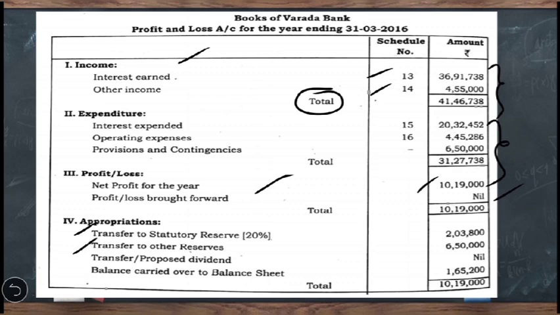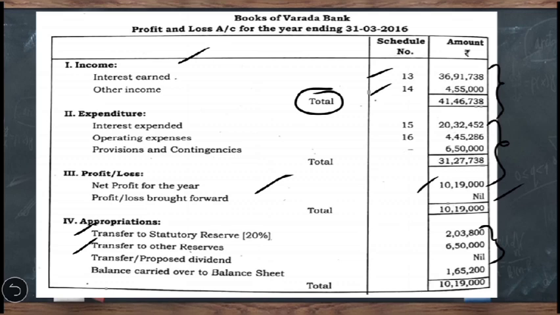Then transfer to other reserve. In this case, they have asked us to transfer to the general reserve amounting to 6,50,000. Okay. Then transfer or proposed dividend. In this case, this adjustment is not given. Then you have to count the total of these two, that is transfer to statutory reserve and transfer to other reserve. Okay, this is the total appropriations.